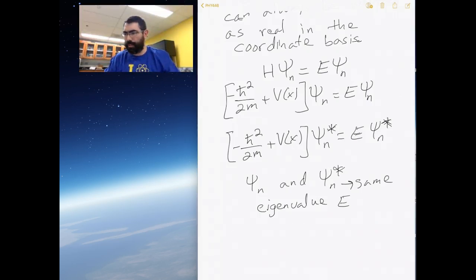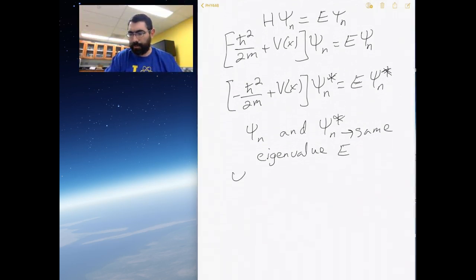Okay, so now what I'd like to do is to take our wave function psi n and write it down as a real part plus an imaginary part. So we're assuming the most general case of a complex function, but I can write that complex function down as a real function and an imaginary function, where in this case, the imaginary part is taken care of by i.